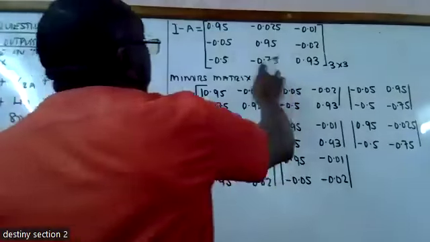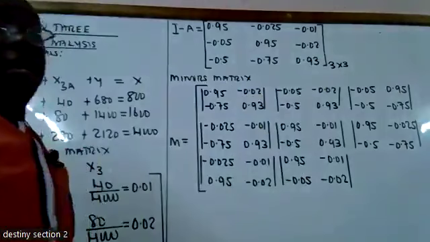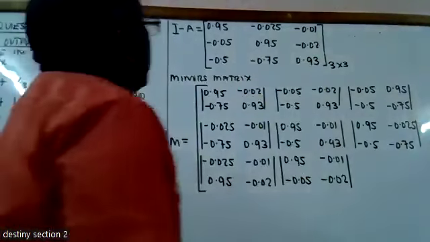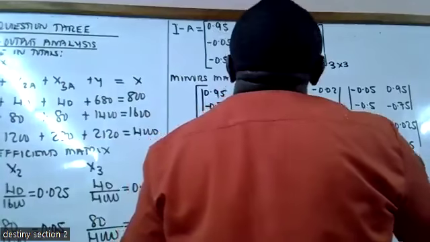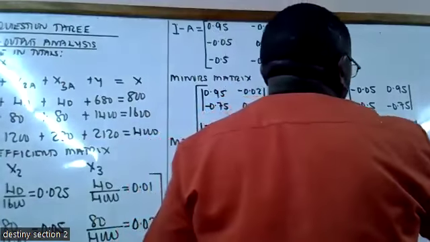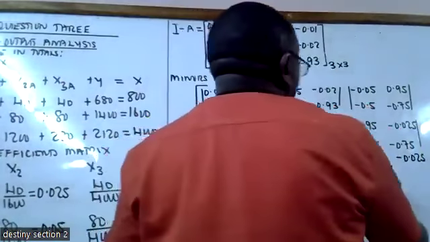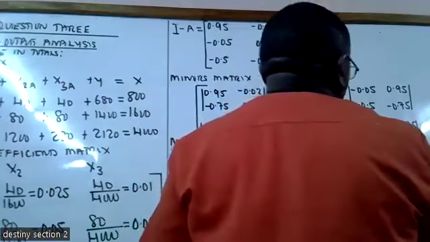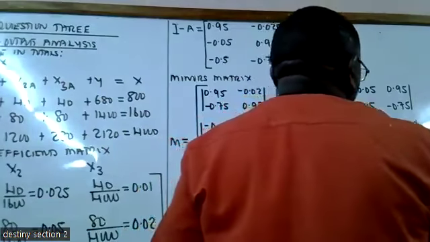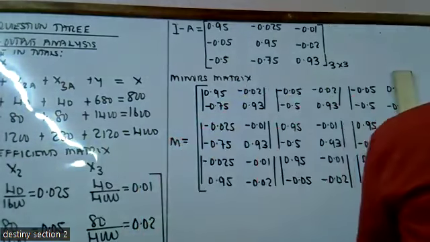Haya, finally hii ya mwisho, you broke the third column, the third row, uachwe na 0.95, minus 0.025 halafu minus 0.05 and 0.95. Hivyo unaachiwa.